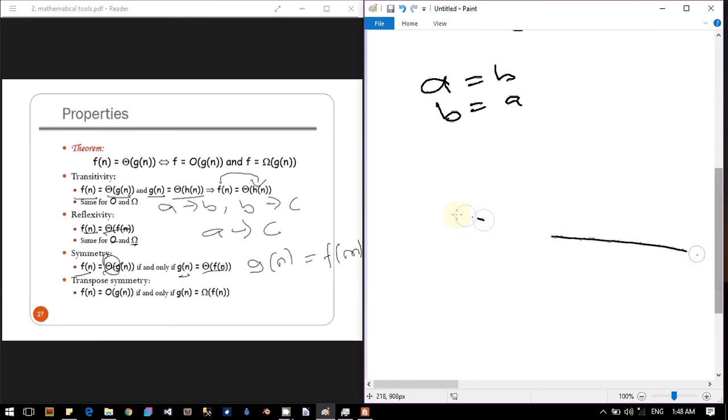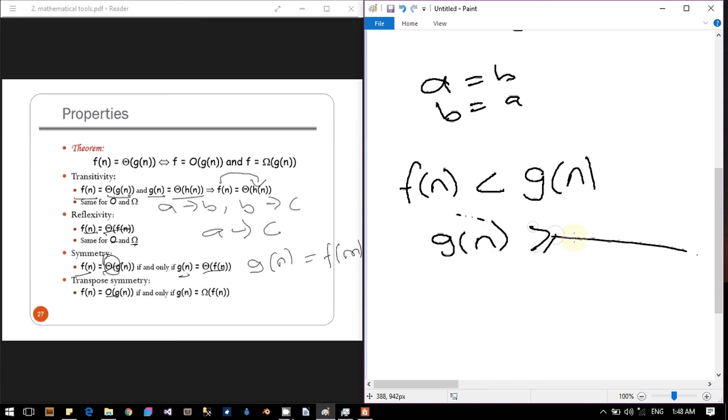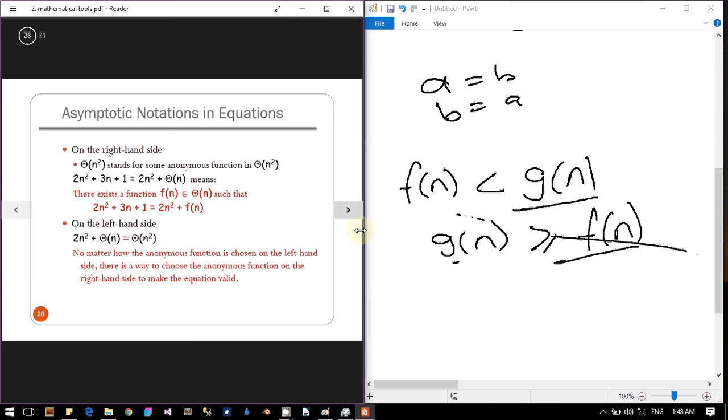Now for transpose symmetry, if f of n is equal to big O of g of n, that means g of n is equal to big omega of f of n. Why? It's like saying if f of n is less than g of n, which is what that means, that means g of n is greater than f of n. That's just what they are saying. So that's how you apply that.